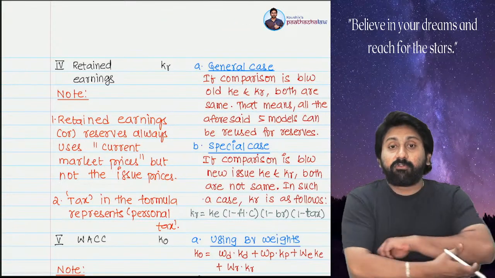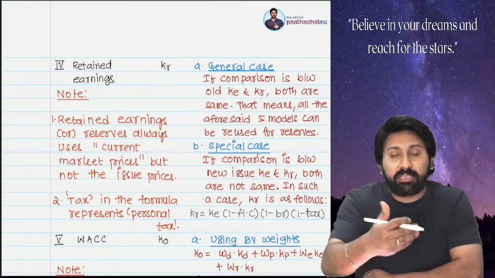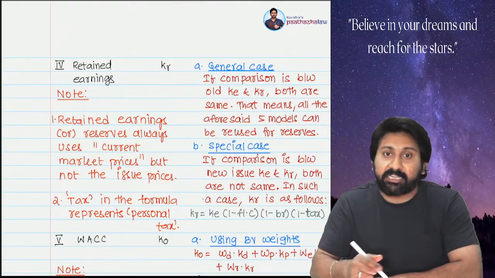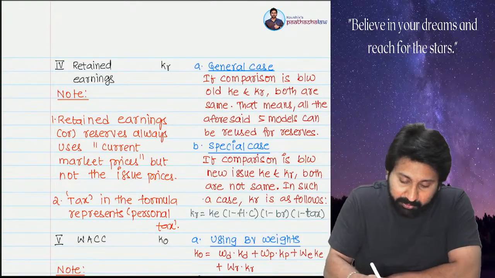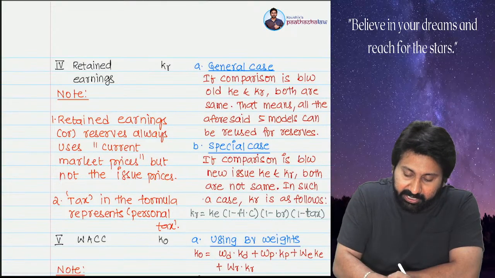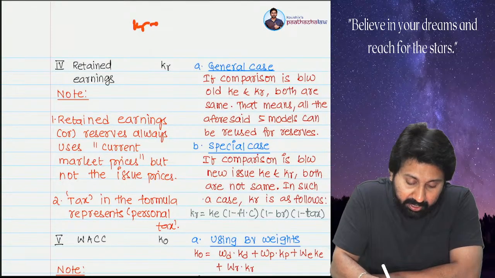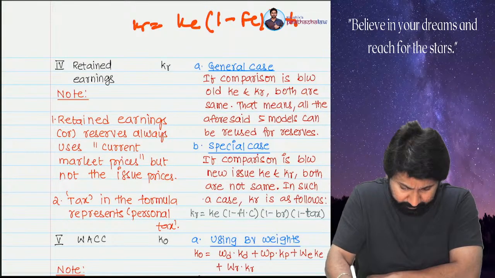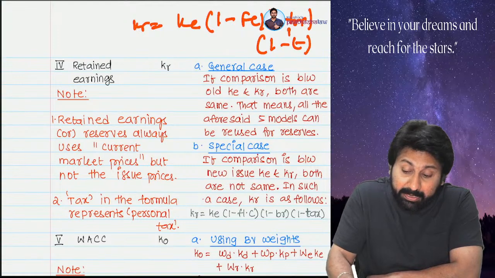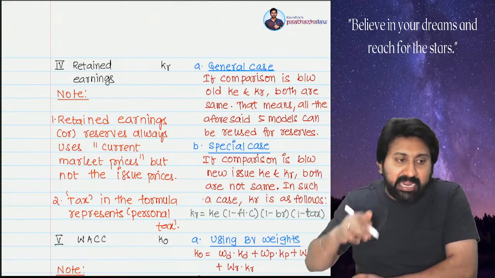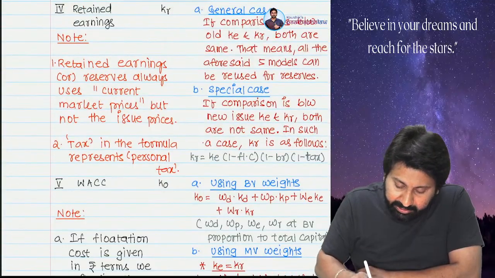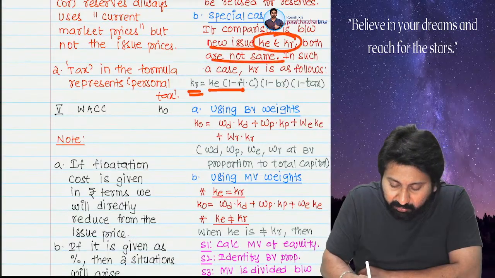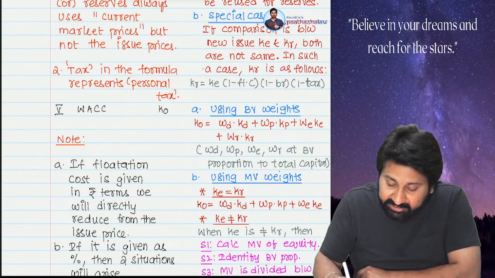Whenever you are issuing new equity shares, KE and KR will not be the same, because a new issue of equity shares will have flotation cost, brokerage charges, etc. Or to put it another way, in case of a new issue, KR equals KE into (1 minus flotation cost) into (1 minus brokerage) into (1 minus personal tax), not corporate tax. The shareholders' taxation you need to take. So in case of a new issue, KE and KR are not the same. In such a case, KR equals KE into (1 minus flotation cost) into (1 minus brokerage charges) into (1 minus taxation).